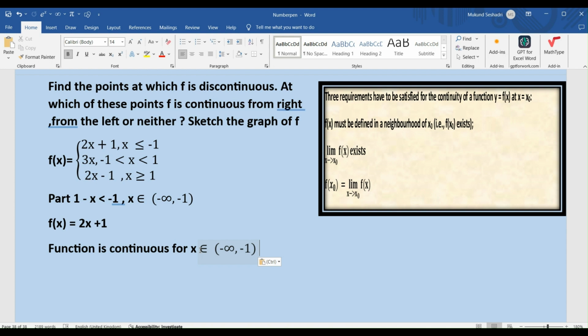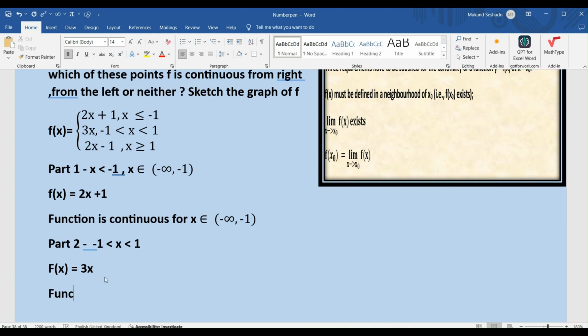And before that, let's move to our part 2. And what is our part 2? It is minus 1 less than x less than 1. And in this part, what does f of x take? f of x takes 3x, which is again a simple linear polynomial.